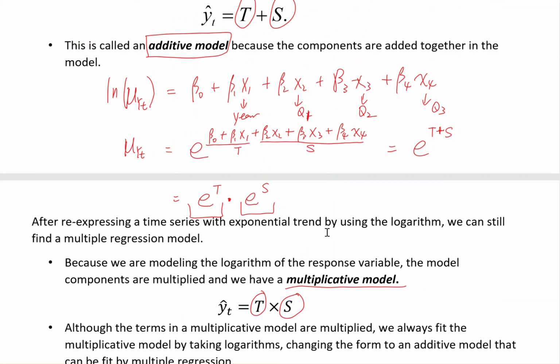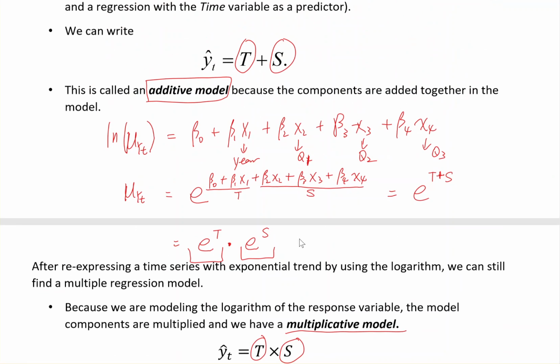So this is about the seasonal component. First we need to model the trend component, and then if you see a seasonal component in the time series, you can add it into the trend model by adding dummy variables.